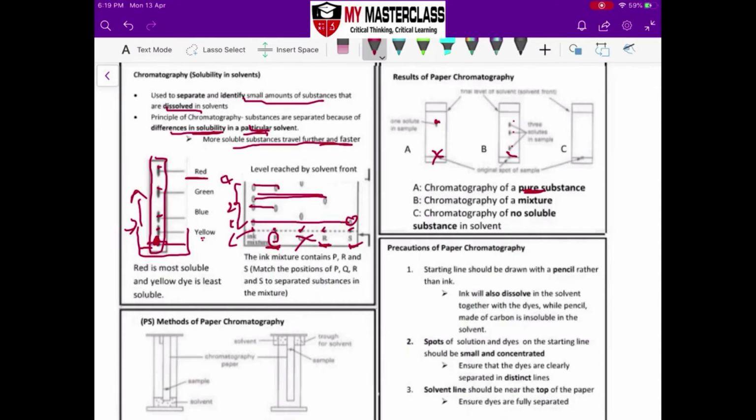Same thing, there is no dot left at the starting line. It separates into 3 dots, so it's made out of 3 substances. And then your C, your sample will remain here. There are no dots along here that you see. If there are no dots, it means that there is no soluble substance, because your sample ink remains at the starting line.